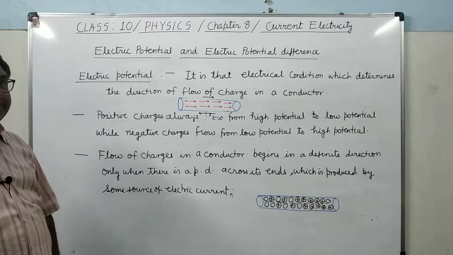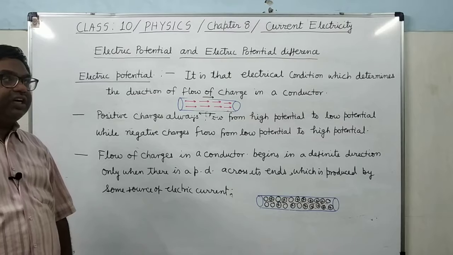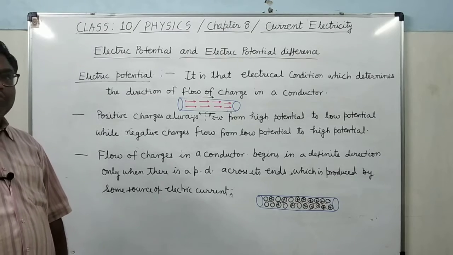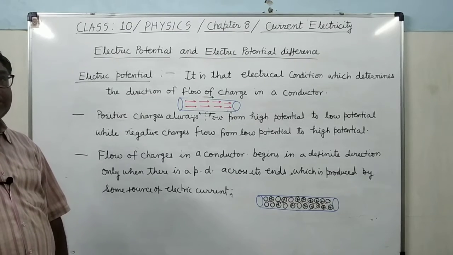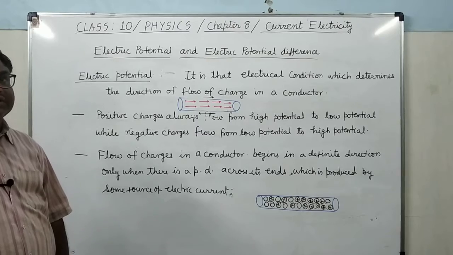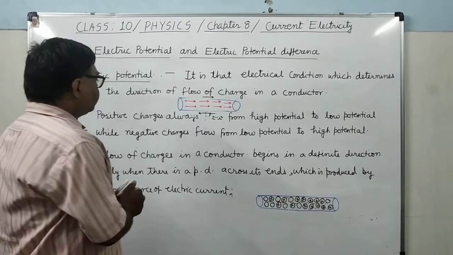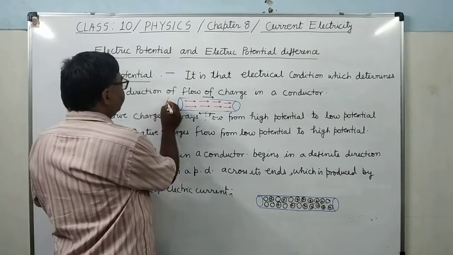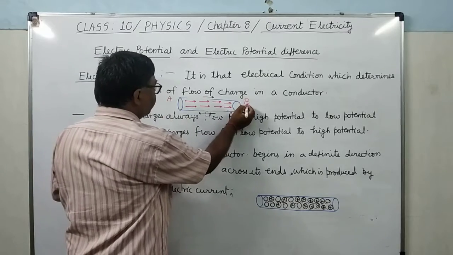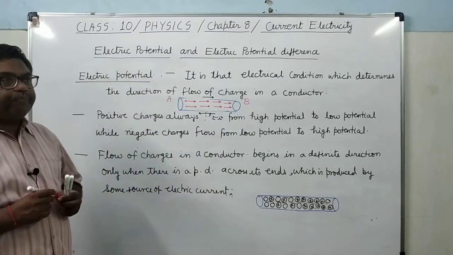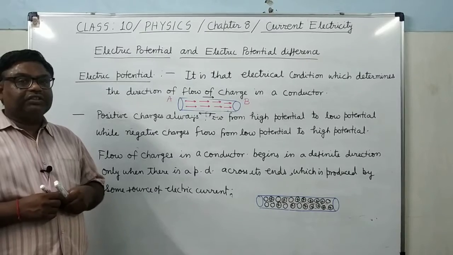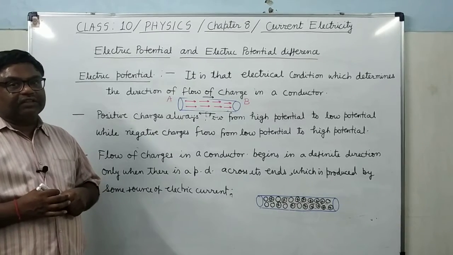That can be made possible by creating a potential difference. There is a physical quantity, electric potential difference. If you create a potential difference between end A and end B of the conductor, then what will happen? Electrons will start flowing in a definite direction.